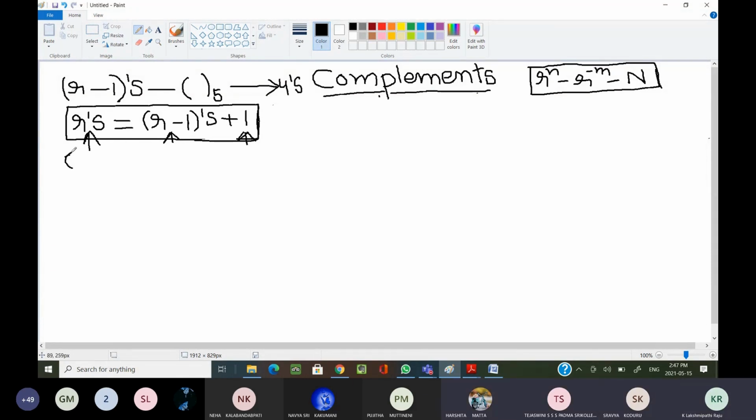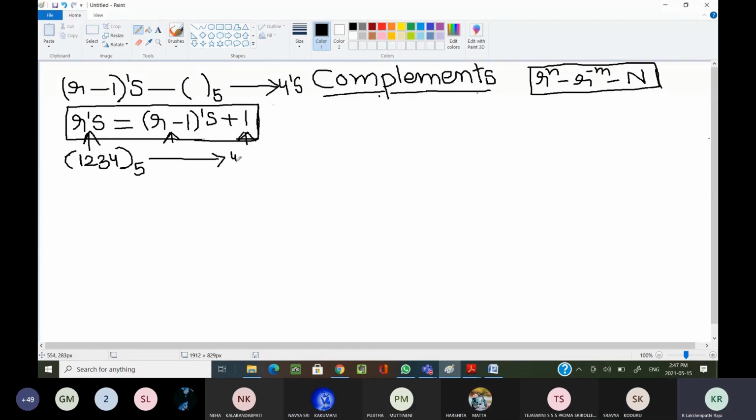Okay, 1, 2, 3, 4 of base 5. Is this number in the base 5 number system or not? Yes, sir.